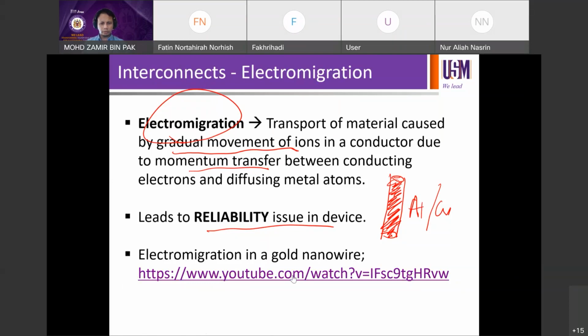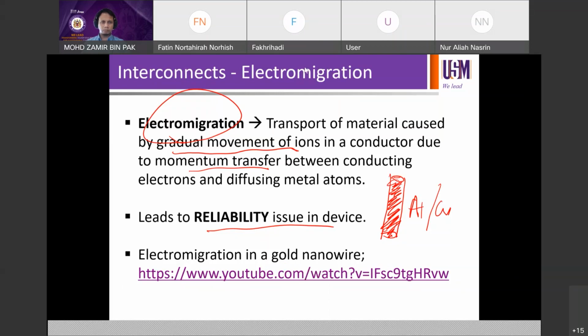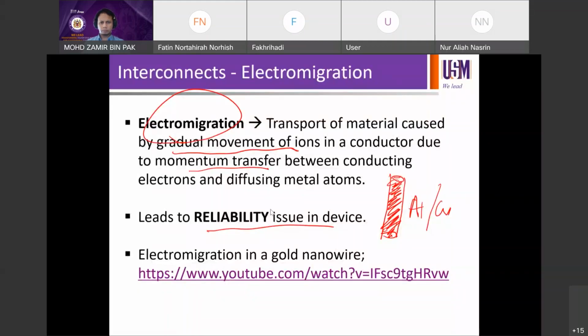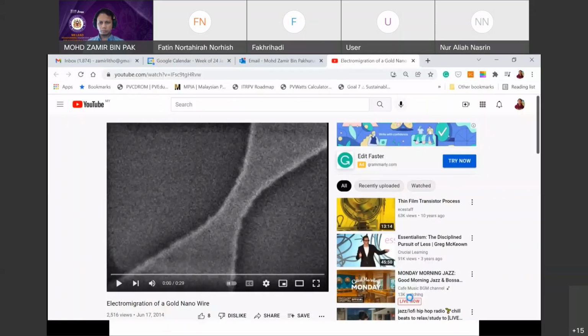Alright, so let me share with you YouTube. Okay, can you see the YouTube punya window? Right, okay, so let's just play this. Just a short while, 30 seconds.